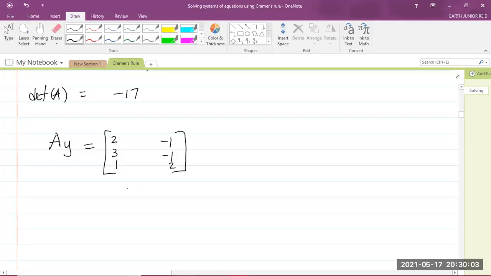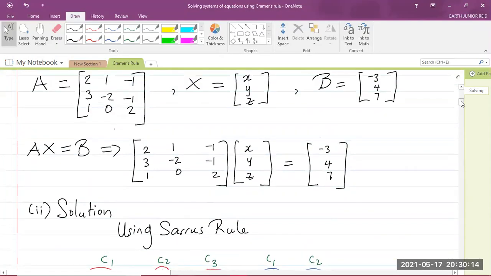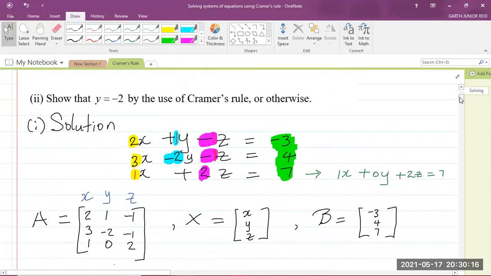Now, because I want the value for y, the values in the y column, which is the second column, are going to change. So I'm going to delete the numbers in the y column here, and I'm going to put these values instead, the elements of matrix B.